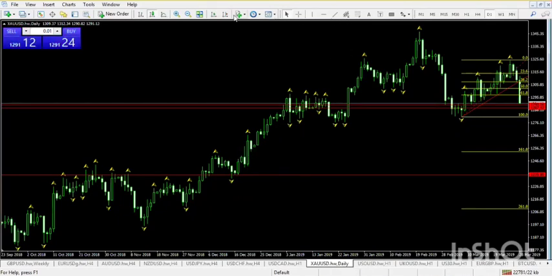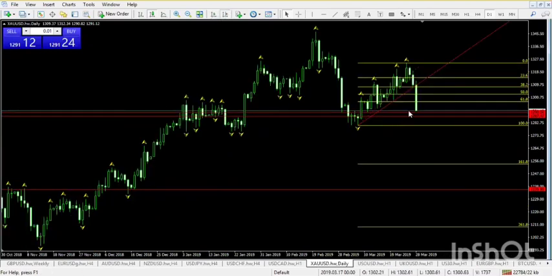Or for example, in the market itself, if the price goes further than this, I'm going to have a downtrend. What if it goes further than that from the top? It doesn't make any difference. Then it's going to be an uptrend.